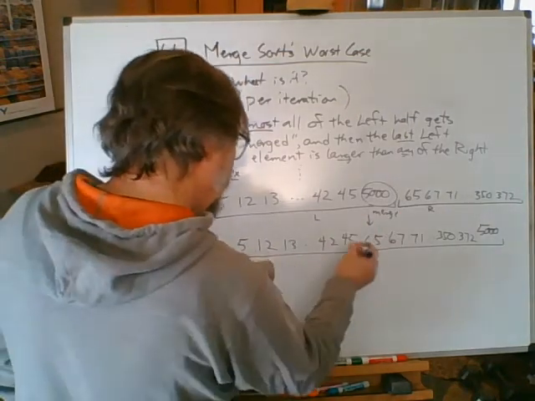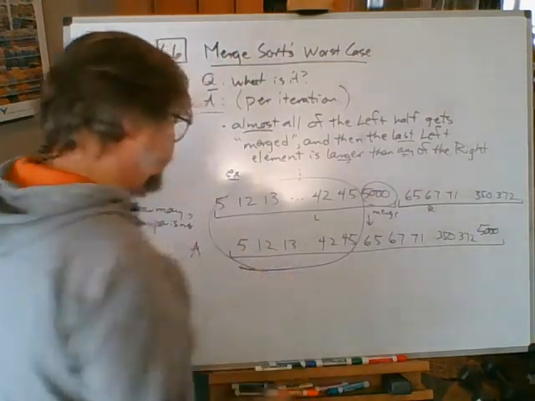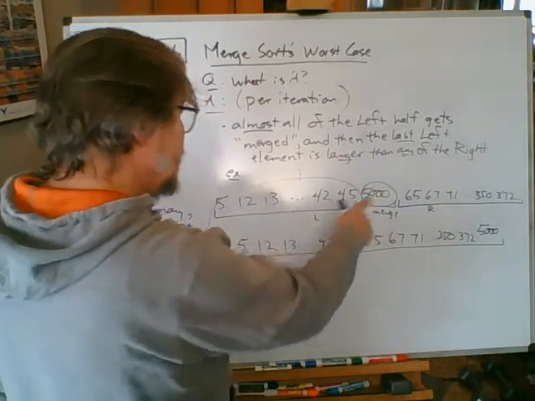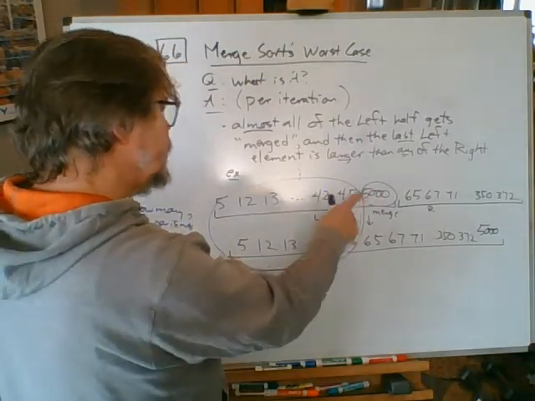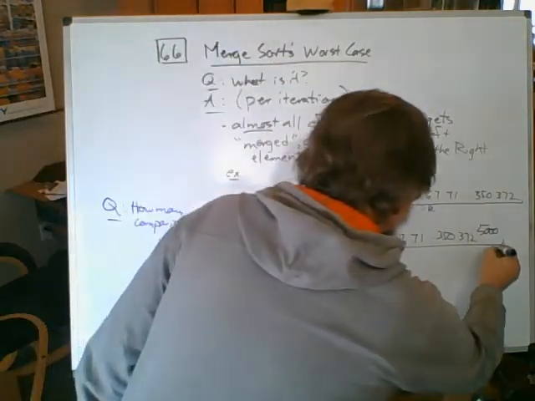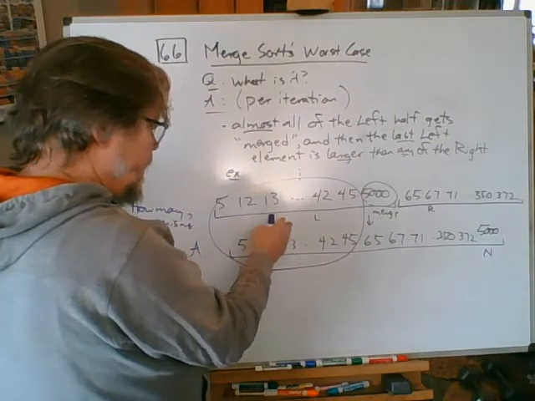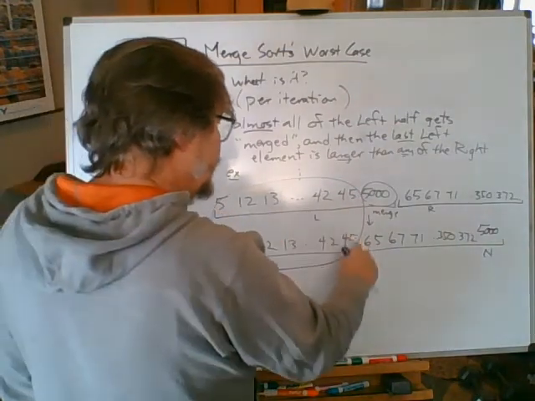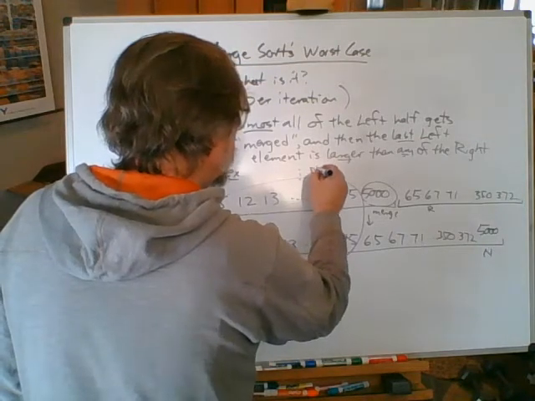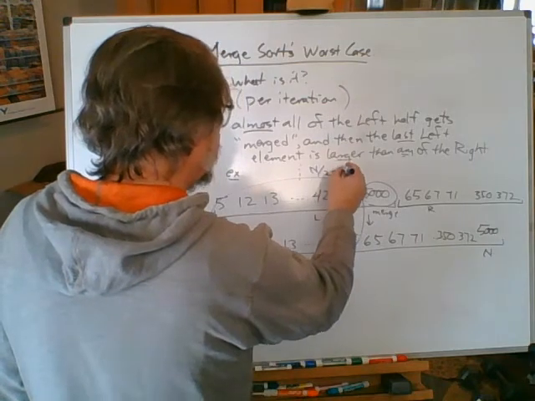So to get this far, that took n over 2 minus 1. The size of this half is n over 2. The size of the whole thing is n. The size of this half is n over 2. And if I compare 5 through 45, then I did, for this part, n over 2 minus 1, because we didn't make it all the way to the 5,000.